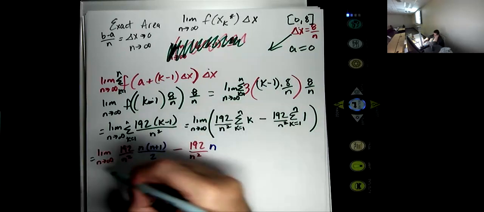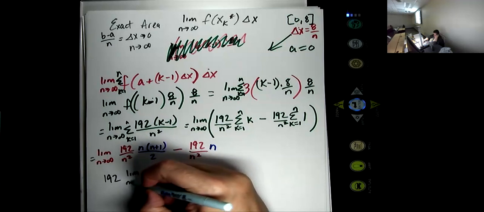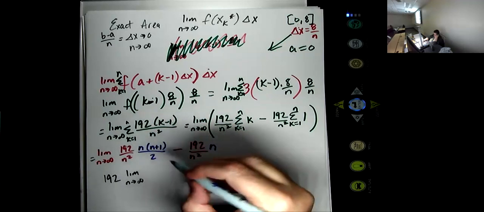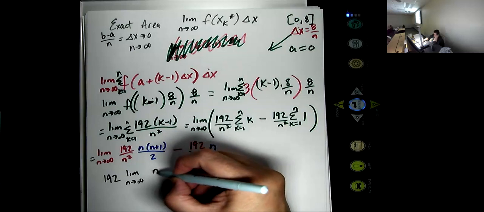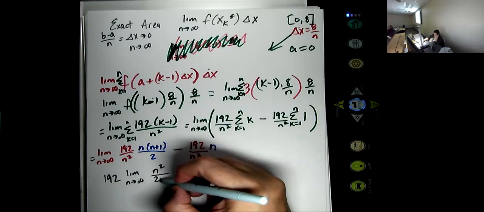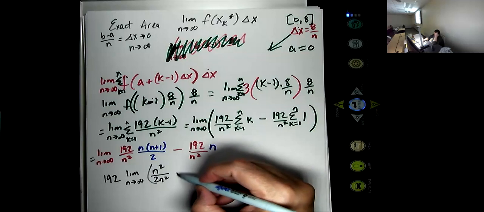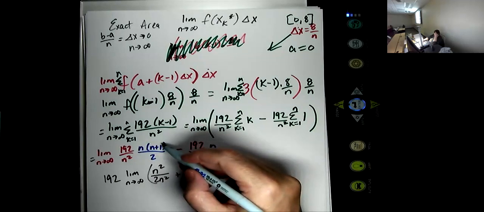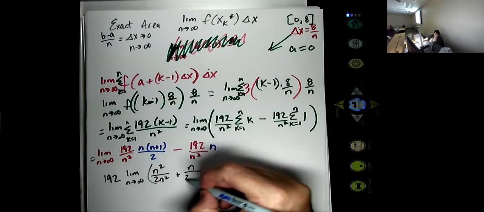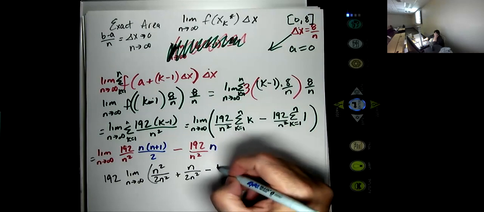I can pull the 192 out. That's a property of limits. This is n squared over 2n squared. I'm breaking this up into a bunch of fractions here. Plus n times 1 is n over 2n squared, minus n over n squared.